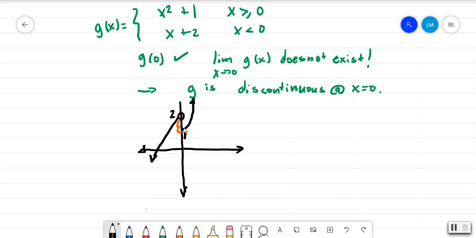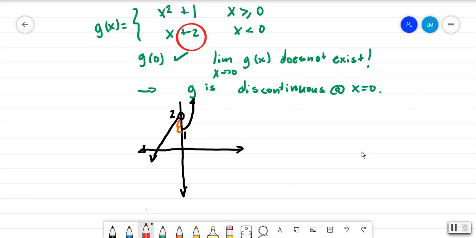If this 2 was rewritten as a 1, then we would be fine, but it's not. So it's impossible to redefine it, unless we throw away that function and throw in x plus 1 or something like that.